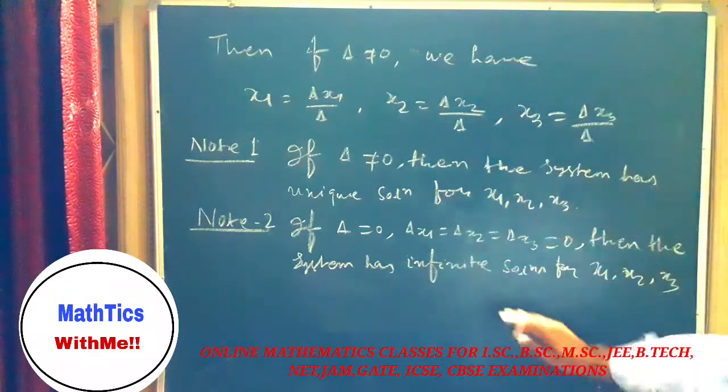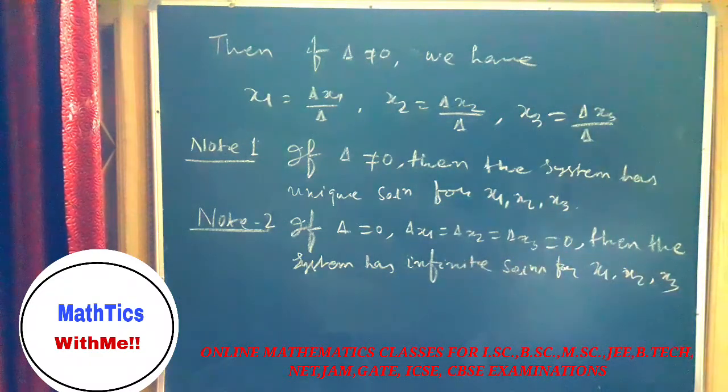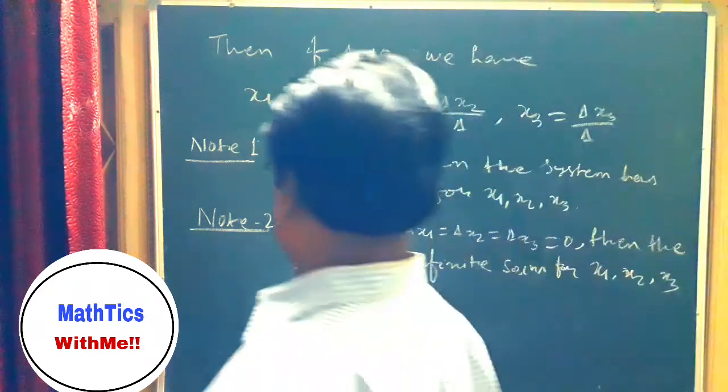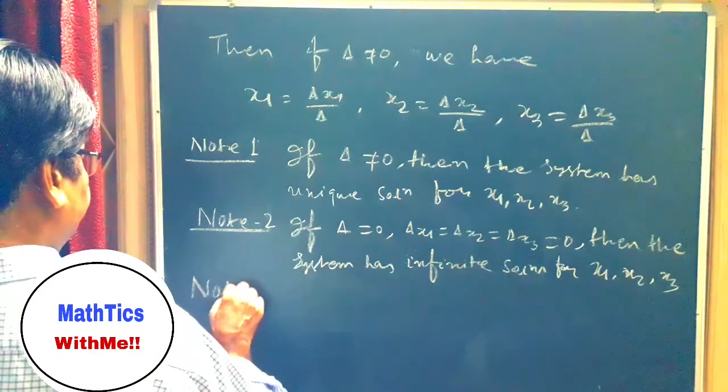That means if we get all of them 0, then the system has infinite solutions for the unknowns x1, x2, x3.